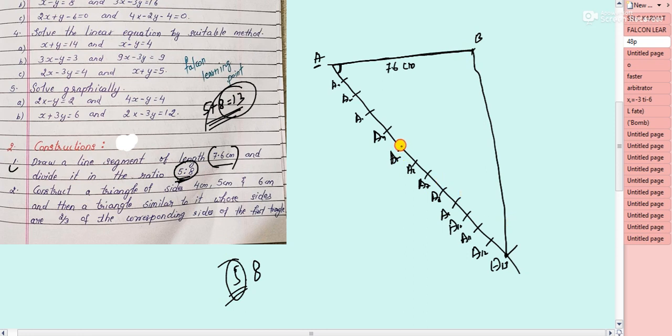It is here. So how are you going to maintain this angle? See, these two angles should be equal, the one here and the one from A5, then only these two lines will be parallel. So you can mark this.